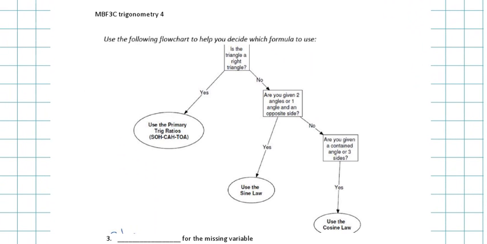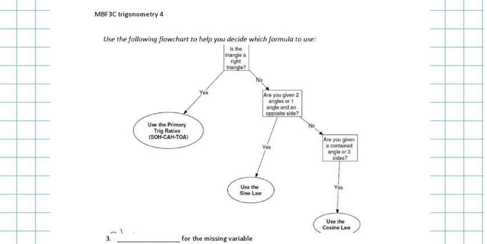If the answer to right triangle is no, then you have two options: sine law or cosine law. So let's see. Are you given two angles, or one angle and an opposite side? If yes, then you use the sine law. If no, then you use the cosine law.